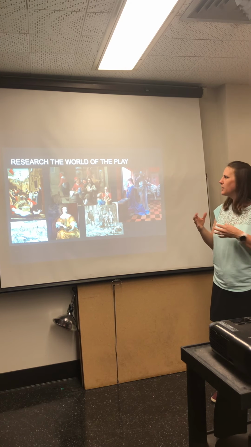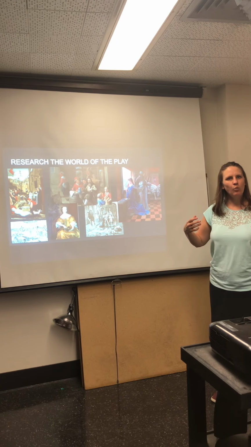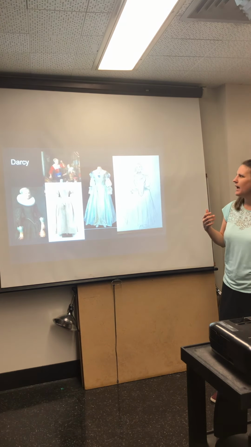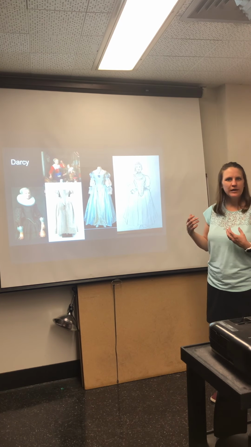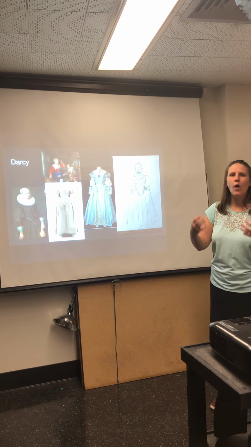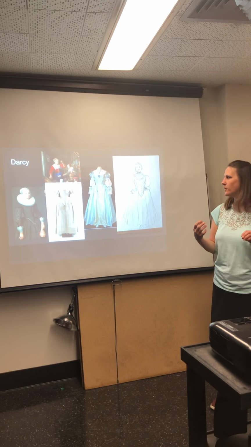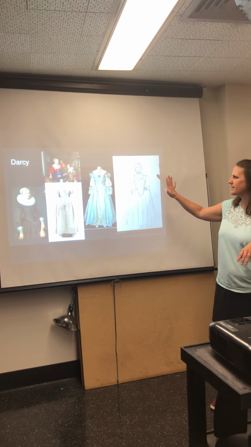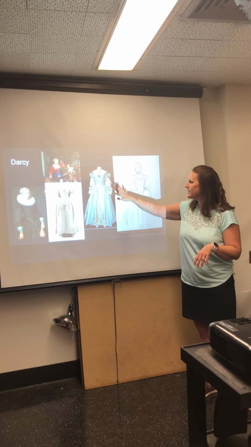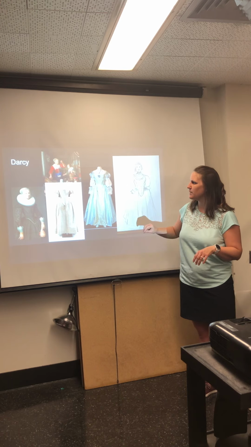When we get from understanding the overall world, then we can begin to narrow it down. And then we start pulling research for individual characters, images that help inform what you want these characters to look like. So like these images for Darcy, we see the basic shapes. We see some sleeve options that we can pull from.